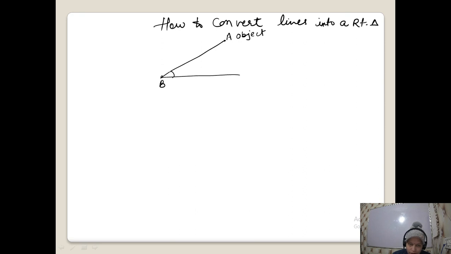It makes an angle that is known as theta, where the line from that object to this point is known as perpendicular.